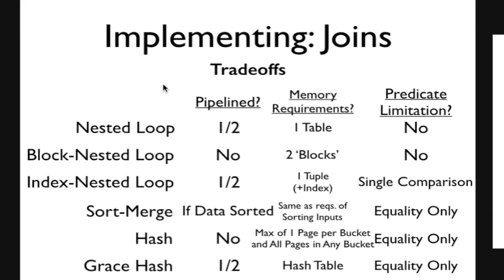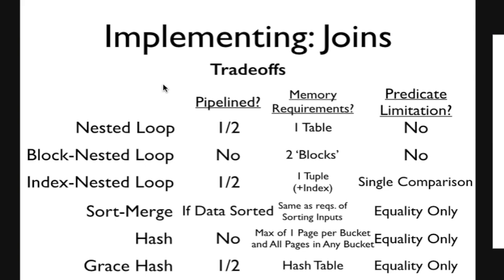I need to see tuples from one of the 2 relations exactly once, in which case it's half pipelined. Or in the case of sort merge join, if the data is already sorted, I don't need to see the tuples more than once. Memory requirements: each of these algorithms has different memory requirements. Sometimes it's constant, sometimes it's a fixed amount of memory based on the size of either of the relations. Sometimes you need to store everything in memory.